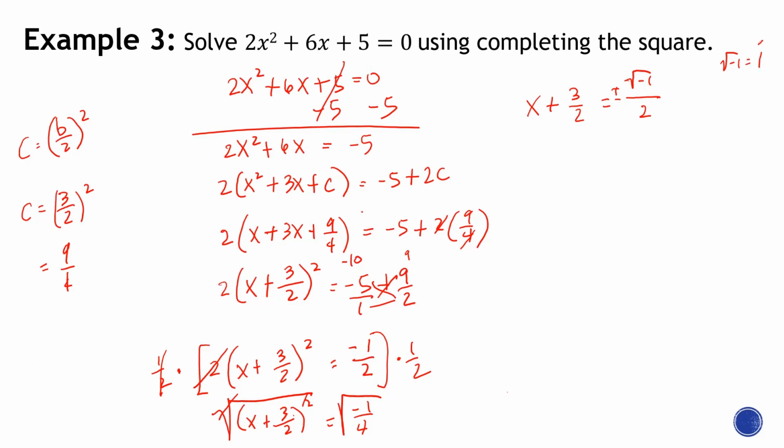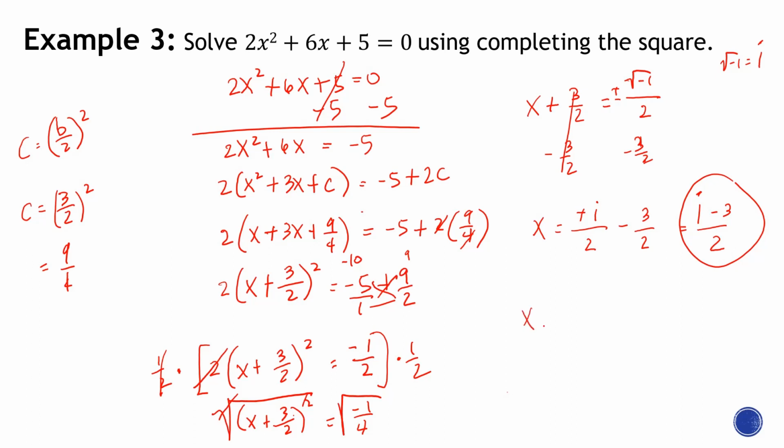So this is like x, minus 3 over 2 on both sides. So x equals positive i over 2 minus 3 over 2, which is i over 2 minus 3 over 2.